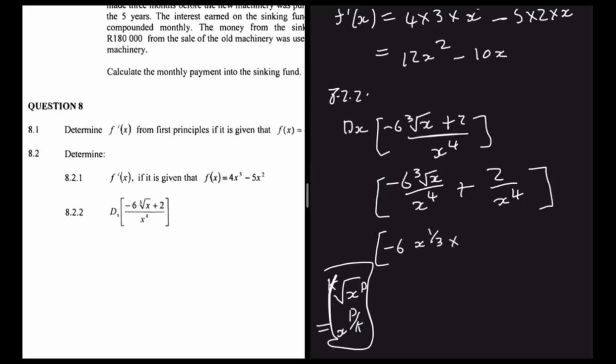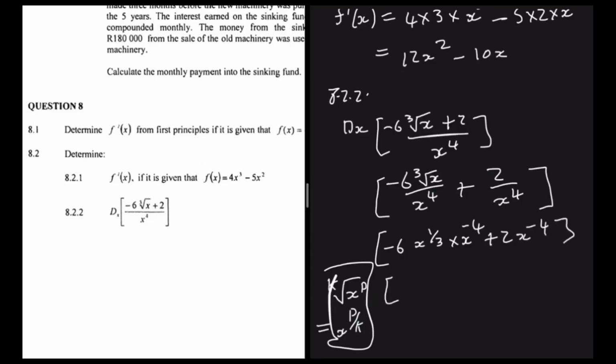Multiplied by x to the power minus 4. Because if you take the denominator and you want to sort of make the equation linear, when you multiply it with it, you have to put a negative sign on the exponent, and then we're going to have plus 2 multiplied by x to the minus 4, right?